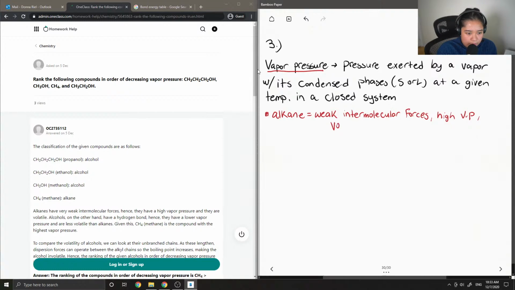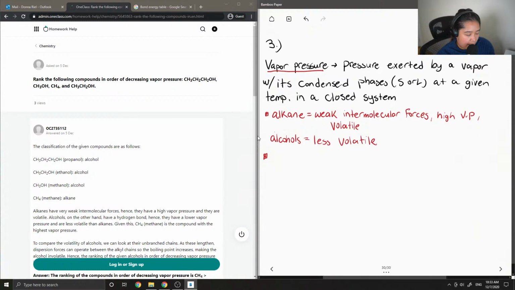And they're also volatile. Alcohols, on the other hand, are less volatile. Okay, so pretty much we can say that the compound that doesn't contain an alcohol group, like the methane, will have the highest vapor pressure.